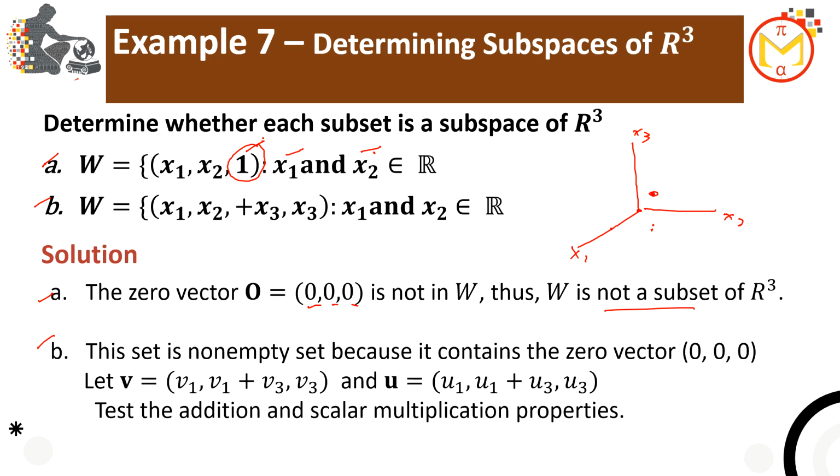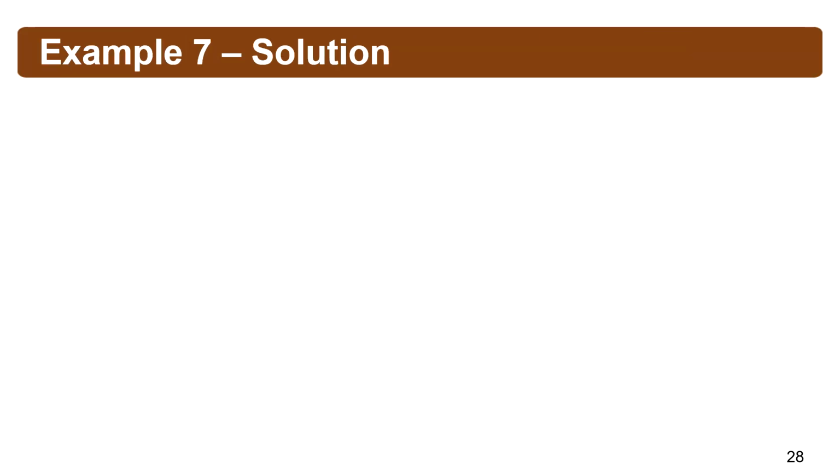All right, what about letter B? This set is a non-empty set because it contains the zero vector. So let's see. Take u = (u1, u2, u3) and v = (v1, v2, v3). Test for addition properties.